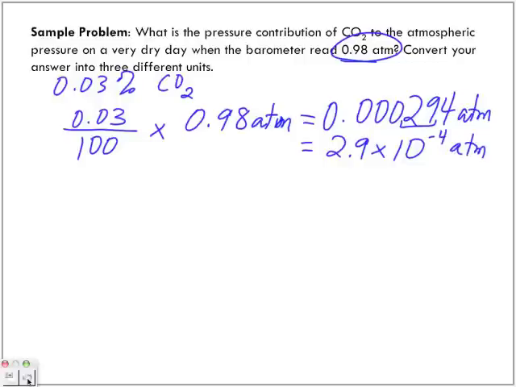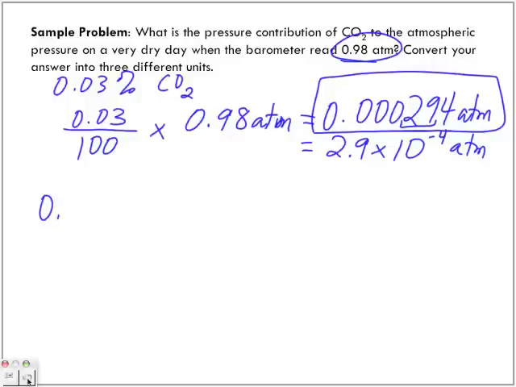So that is the pressure of just the carbon dioxide in the atmosphere. Now I'm going to take the original answer that I got, because we don't want to make the conversion based on our rounded-off answer.